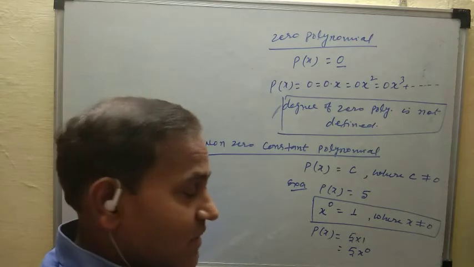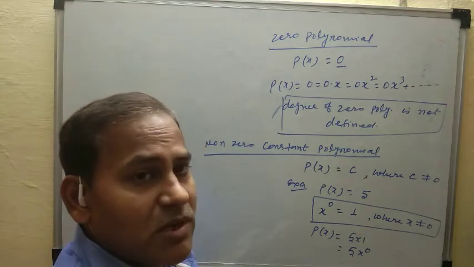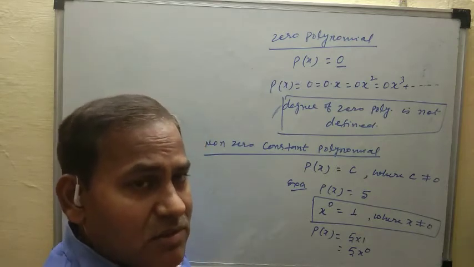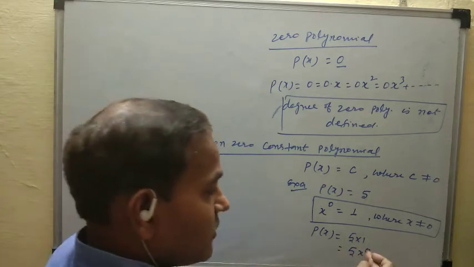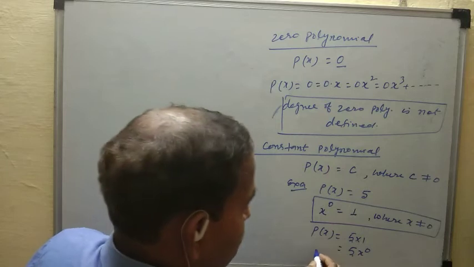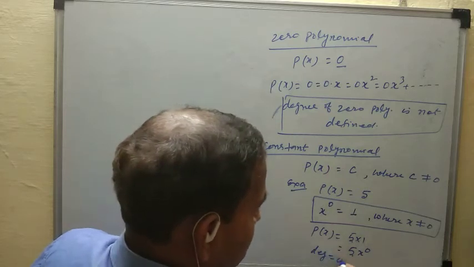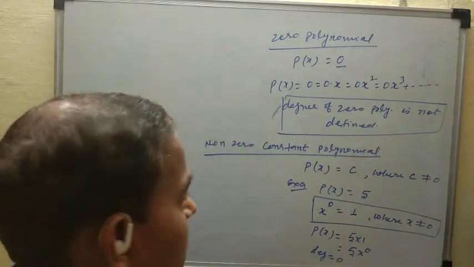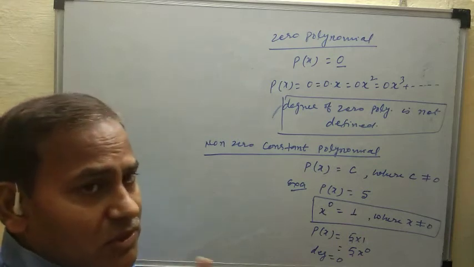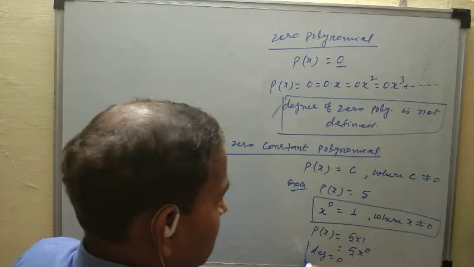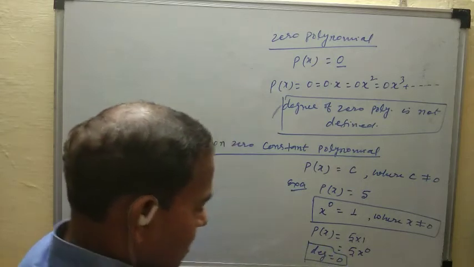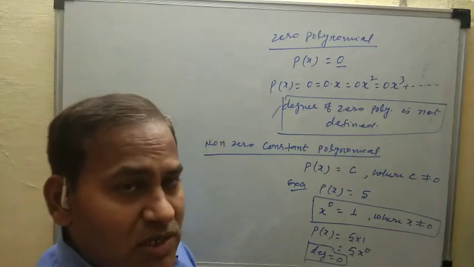So now what is the degree of this polynomial? Degree means maximum power, and the maximum power is 0. So degree is equal to 0. So the degree of a non-zero constant polynomial is 0.